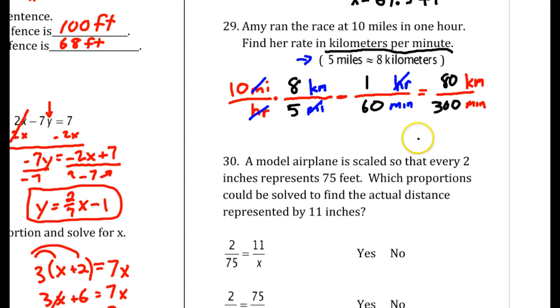And of course we want to divide that out and round it, and that comes out to approximately 0.27 kilometers per minute. Good.